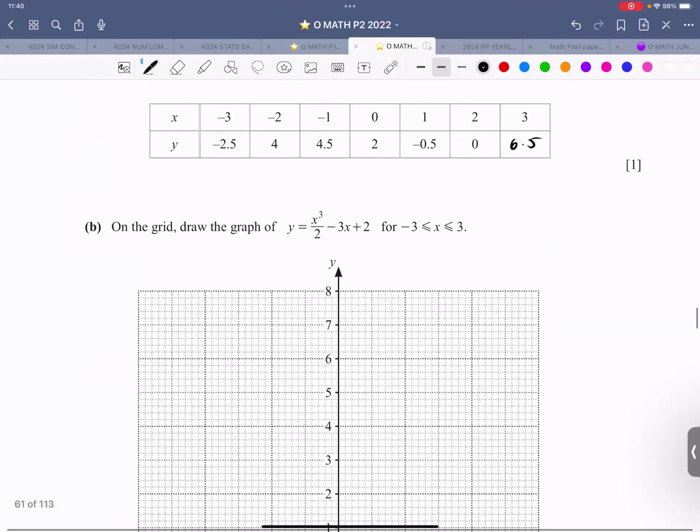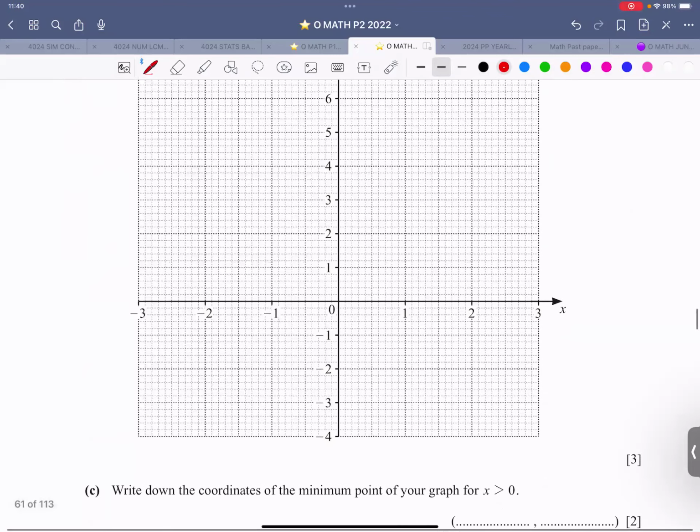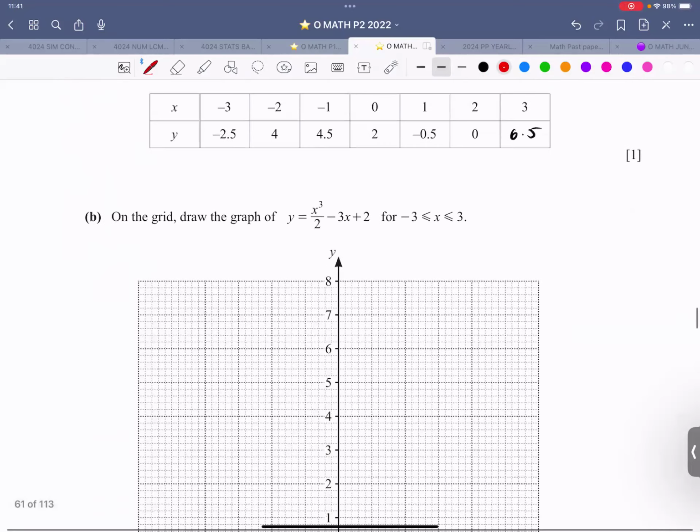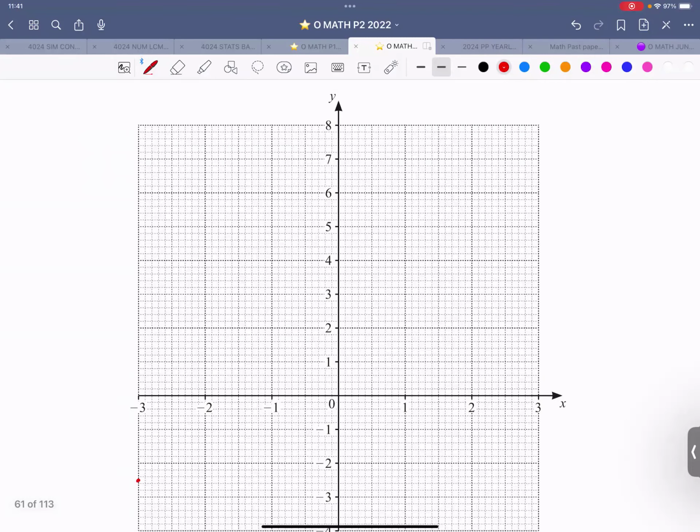On the grid, draw the graph from minus 3 to 3. So negative 3 and negative 2.5 is over here. That's the first one. Negative 2 and positive 4.